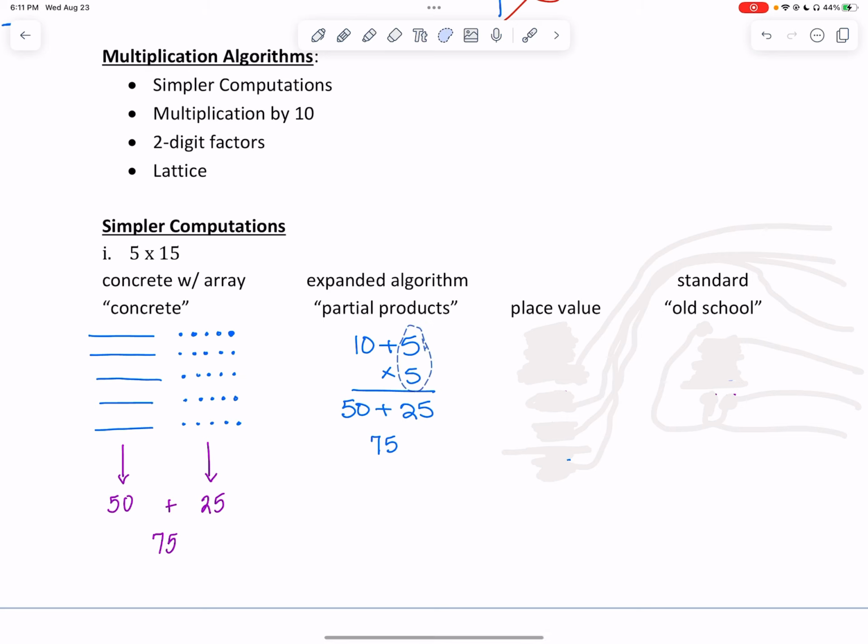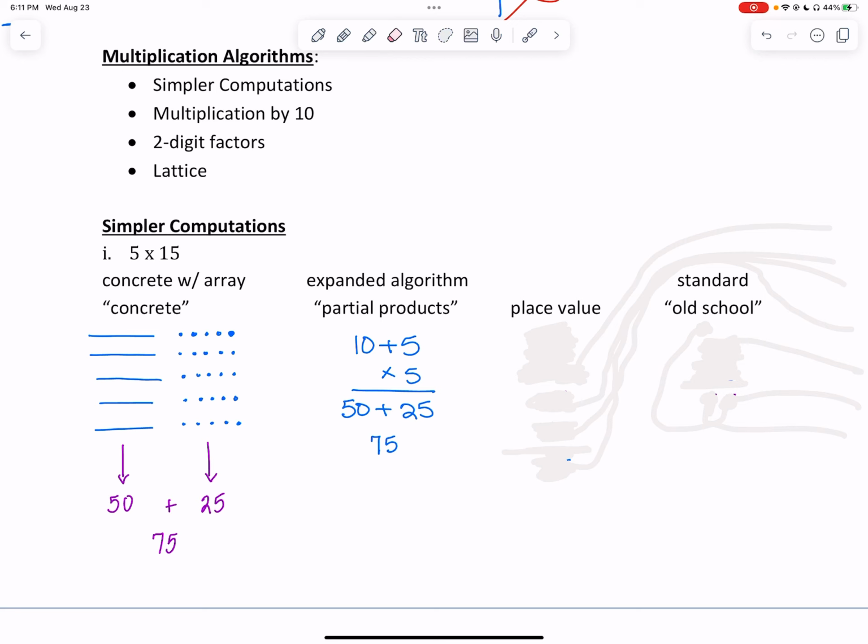You could say 5 times 5 and put your 25 there, and then 5 times 10 and put your 50 there. Or your students could do the 50 first and then the 5 times 5. Either way, you're going to get the same number, 75. That's called partial products.